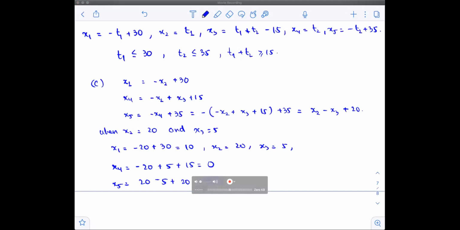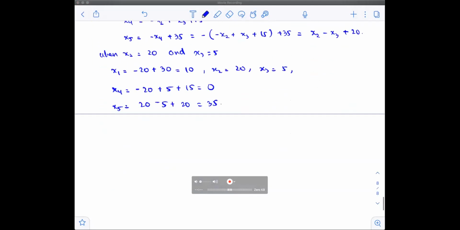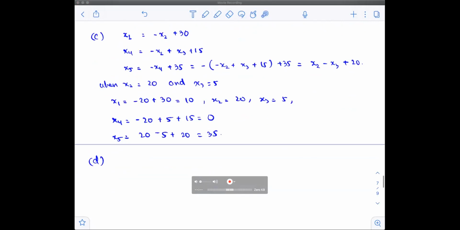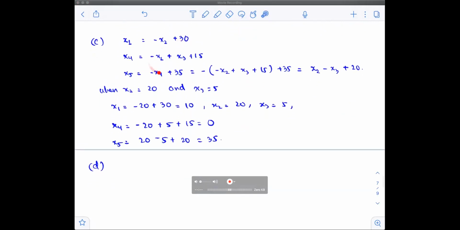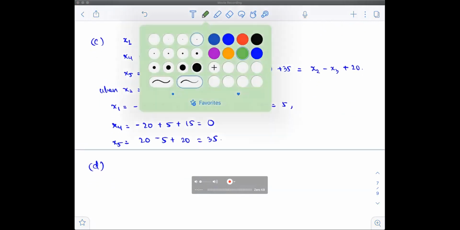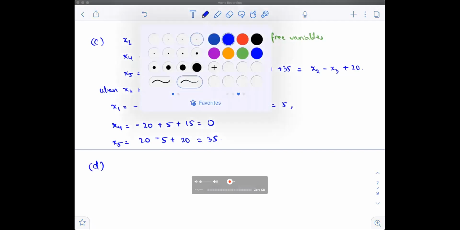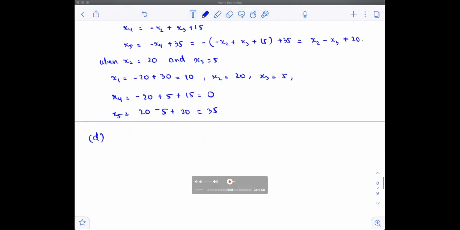Okay. So next in part D, right? The same setup for the free variables. So let me quickly note again that x2, x3 are free variables.